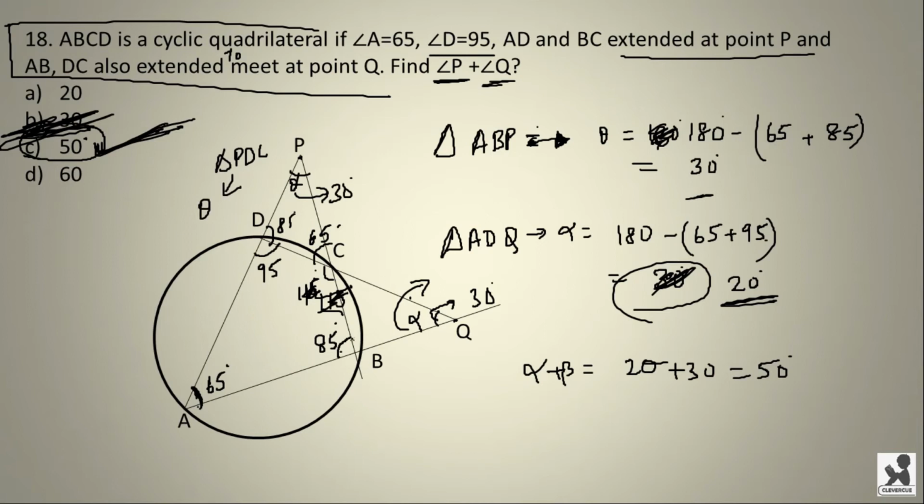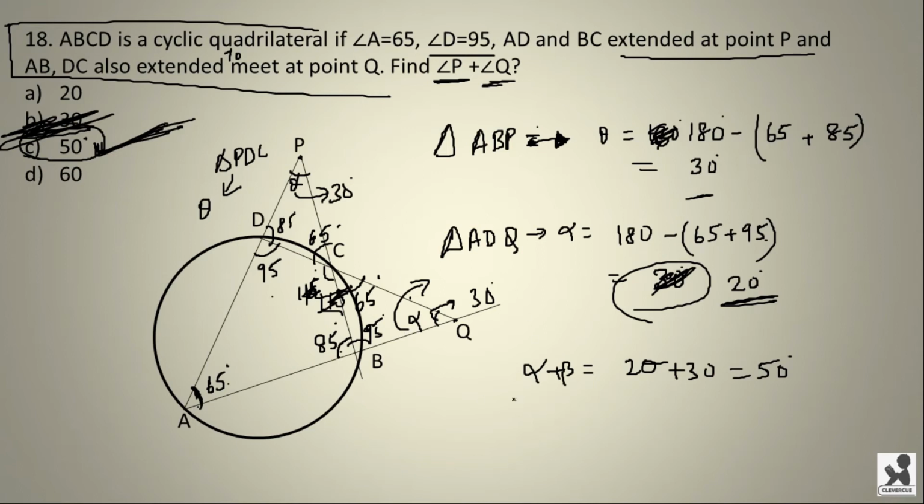Similarly, here also, if you consider this cyclic quadrilateral ABCD, if angle DAB is 65 degrees, angle QCB is also 65 degrees. Similarly, if angle ADC is 95 degrees, angle CBQ is also 95 degrees. I hope you guys understand.